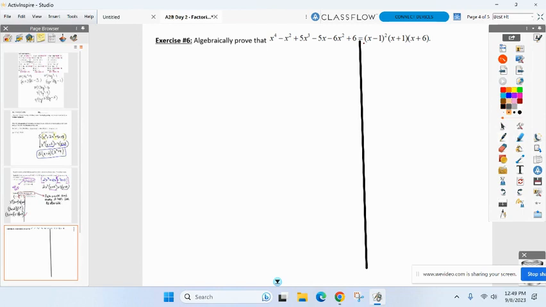Oh, wait a second, though. Any GCF? Any GCF there? No. And how many terms this time? We're only used to 4 for grouping. I guess it's time to redefine grouping. Grouping, even number of terms. We need to step up our game here.